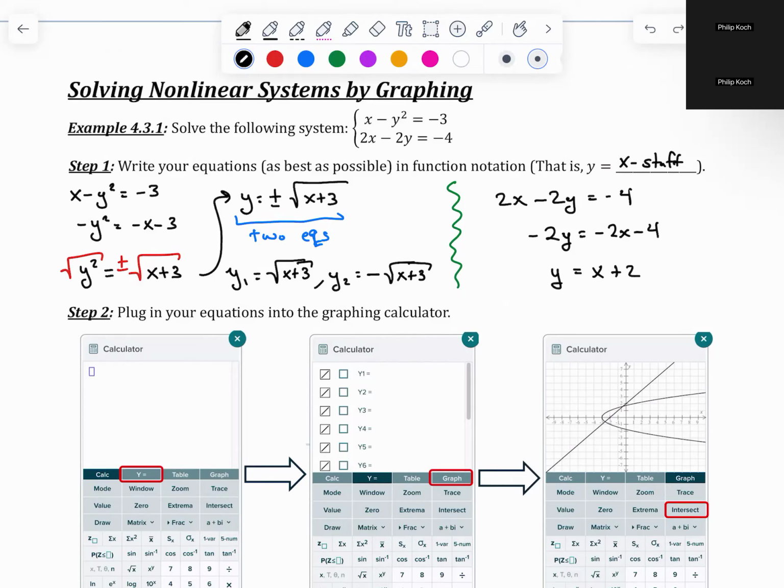So our first equation had to be written in two pieces, and our second equation was able to nicely be written in terms of y. Good news.